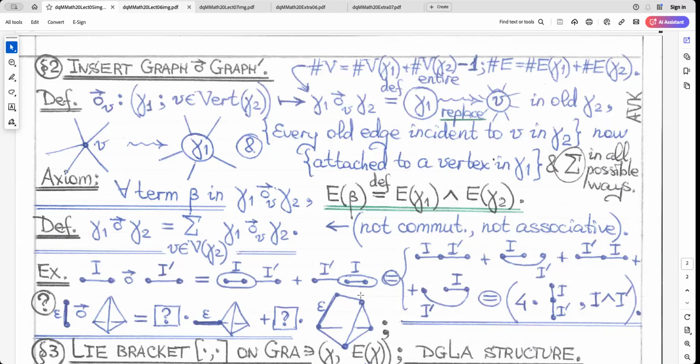But when you first insert graph number 2 into graph number 3, and then into the resulting object you start inserting graph number 1, then it can very easily happen that you insert graph number 2 somewhere here and graph number 1 somewhere here, and they are very far away from each other. So when you insert graph number 1 into graph number 2, and then this combination into graph number 3, 1 and 2 are always near each other.